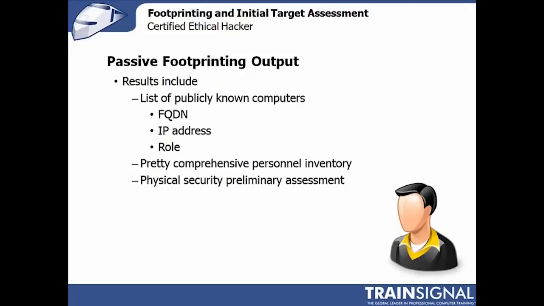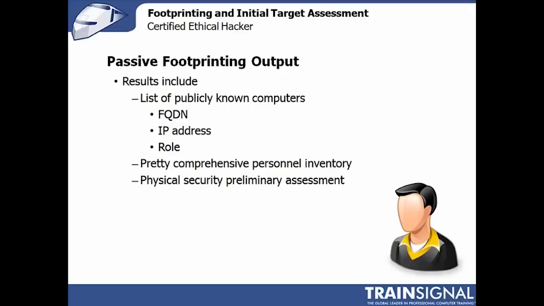The output of all this passive footprinting is a pretty rich bit of information. It's typically a list of publicly known computers, so fully qualified domain names of systems, IP addresses of systems, their roles, for example, DNS servers, email servers via MX records, all kinds of different bits of information.